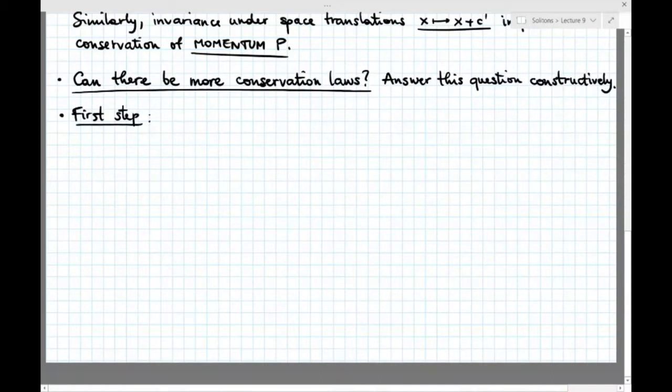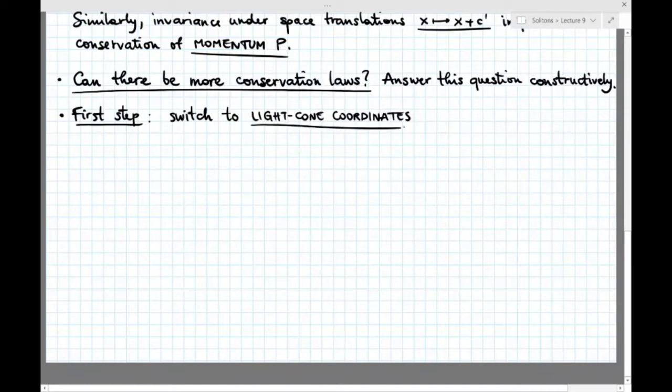So what we'll do is we'll switch from time and space coordinates to so-called light cone coordinates, which are so dubbed because the axes, if we use these new light cone coordinates, are parallel to light rays.